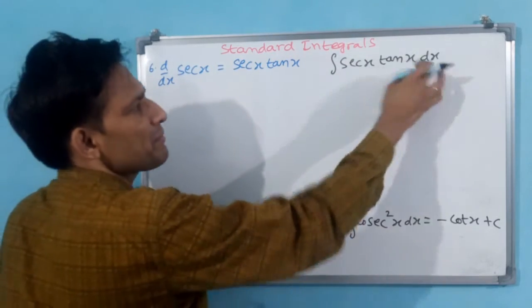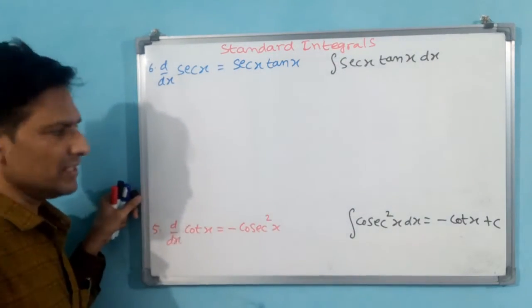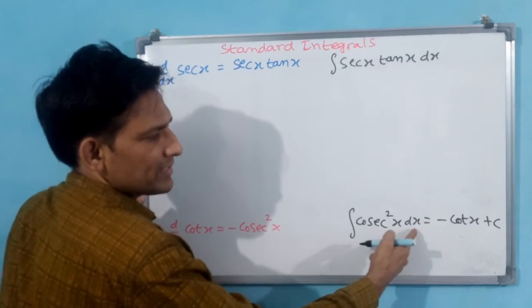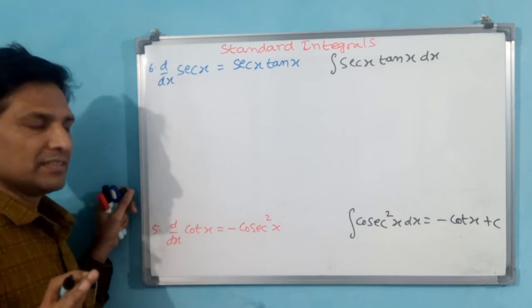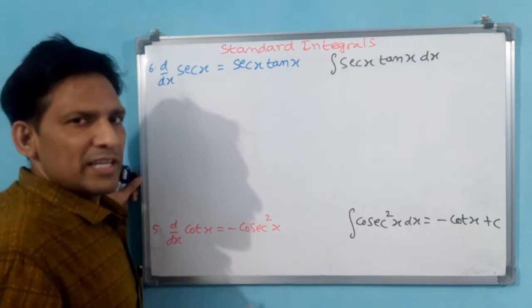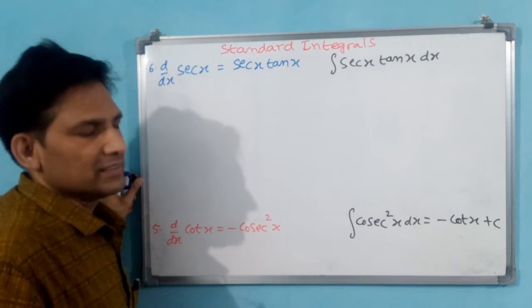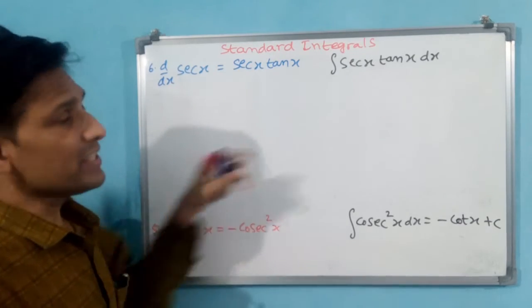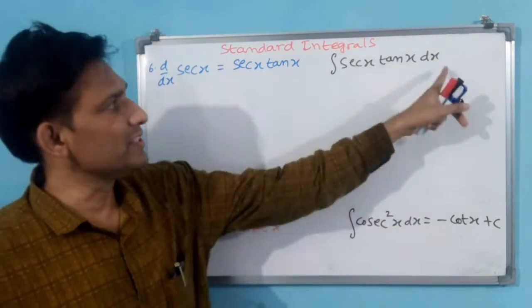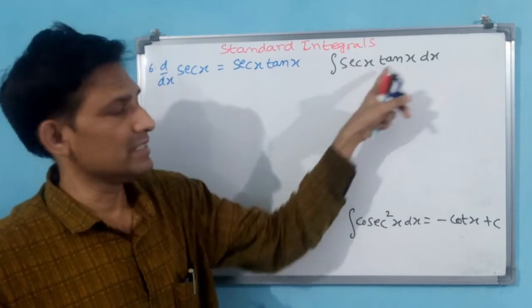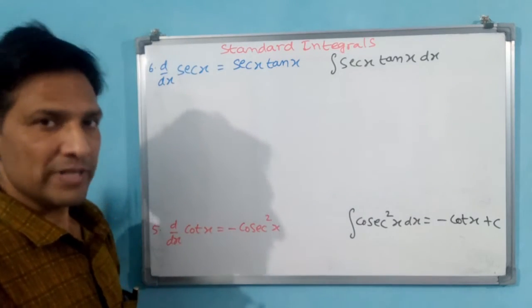Why? Because all are multiplication. All are multiplication means, see, cosecant square x dx means cosecant square x into dx, like you can think. You need not keep any bracket. If it is secant x plus tan x, better you keep parenthesis, because this dx will apply to secant x and tan x separately.